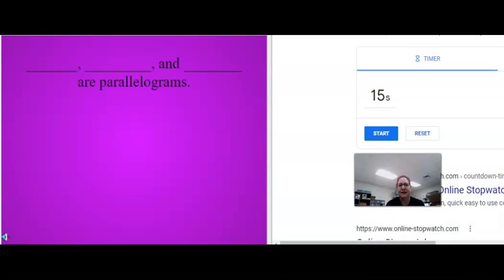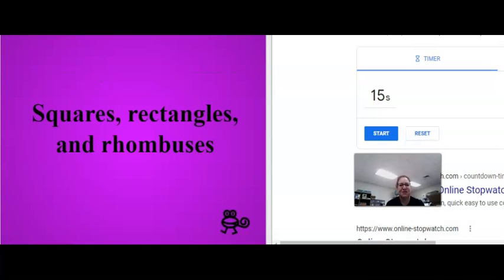Blank, blank, and blank are parallelograms. What three shapes are parallelograms? I hope you said squares, rectangles, and rhombuses.